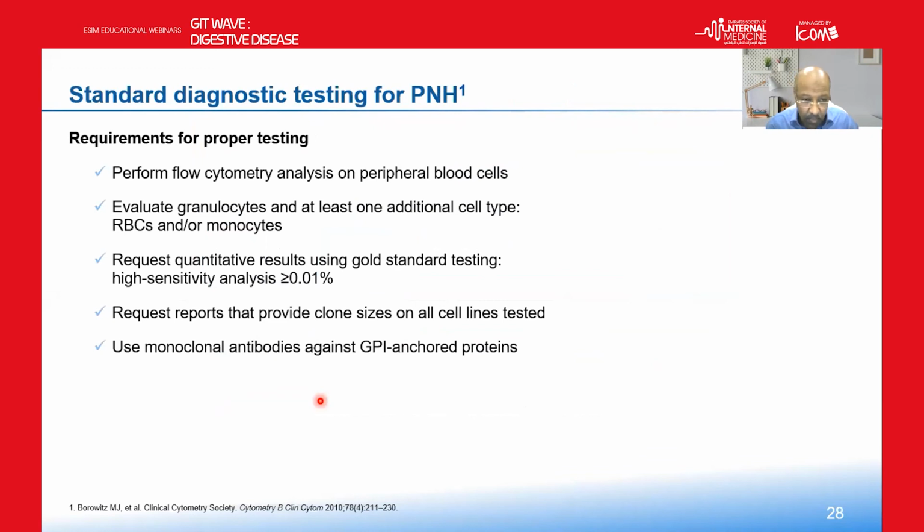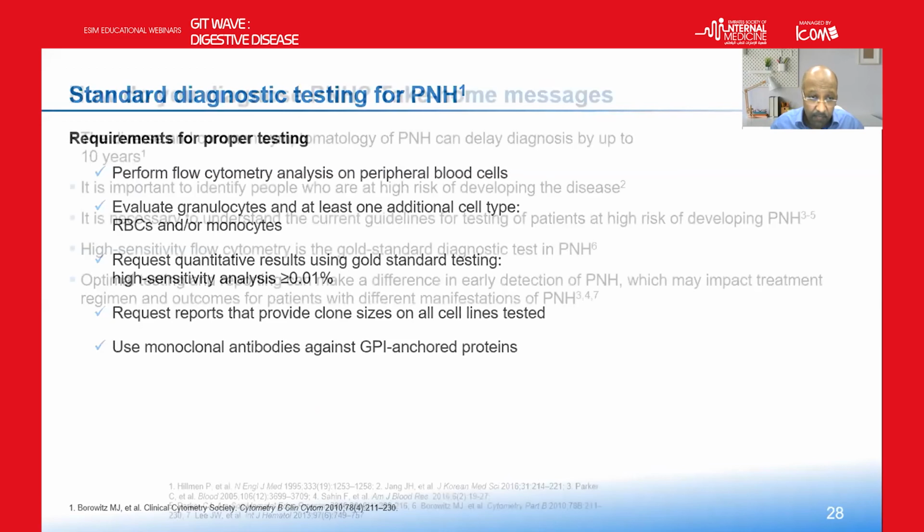So the report provides the clone size for us, and they use monoclonal antibodies against the GPI anchor proteins, which are CD55 and CD59. So they tell you the level of expression of these proteins on the red cells and the white cells of your patient.